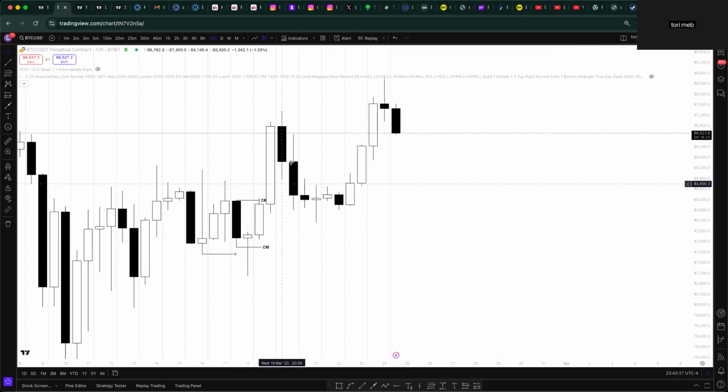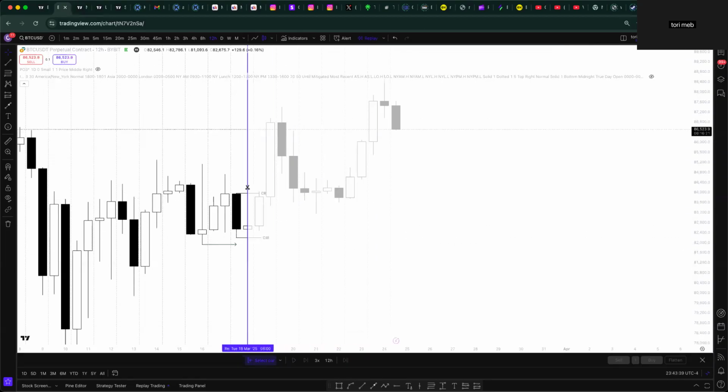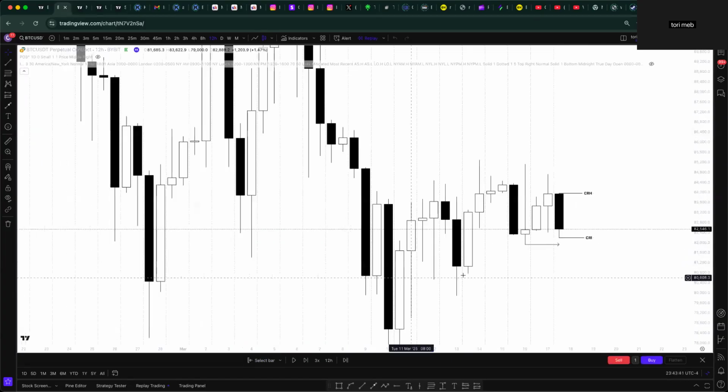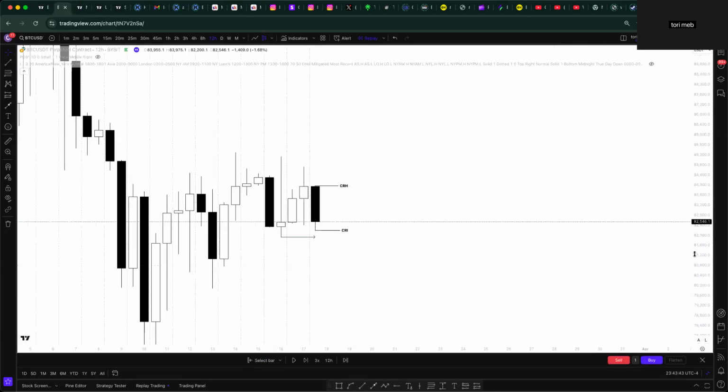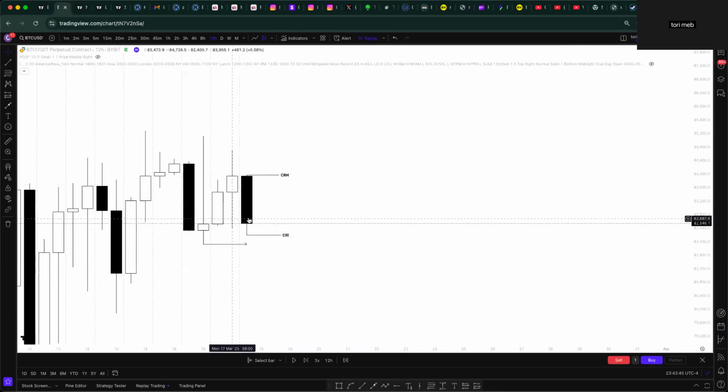I'll do a quick bar replay for you so you see how it looked before. Me seeing this already, I know there's a CRT going to form here. I'm anticipating a CRT forming here. And this is a 12-hour time frame, and this is a key level, an old low.